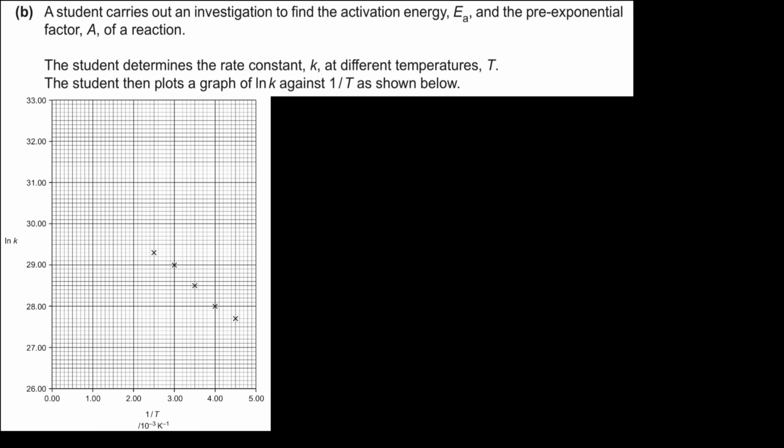Part B. A student carries out an investigation to find the activation energy Ea and the pre-exponential factor A of a reaction. The student determines the rate constant k at different temperatures T. The student then plots a graph of ln k against 1 over T, as shown below.